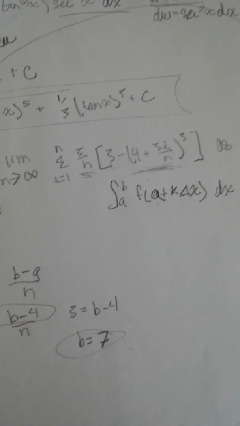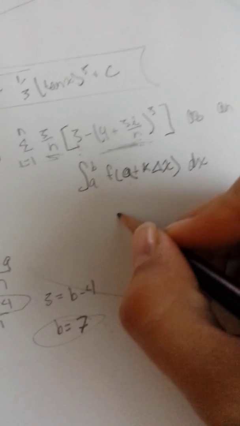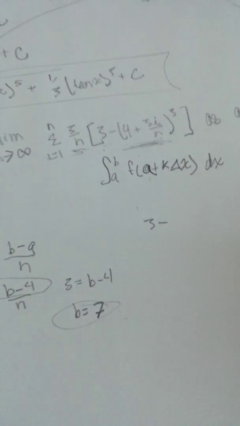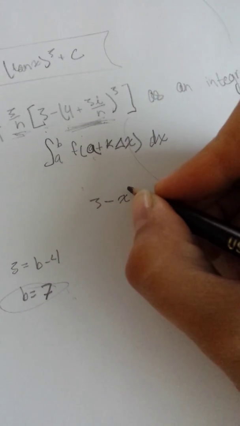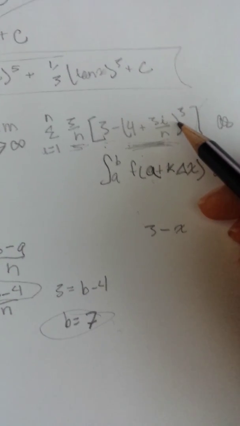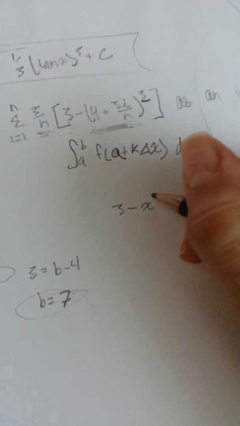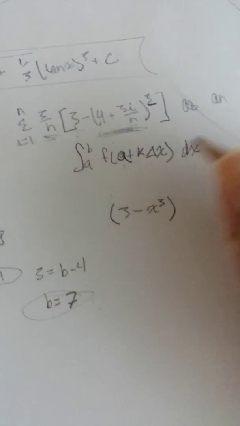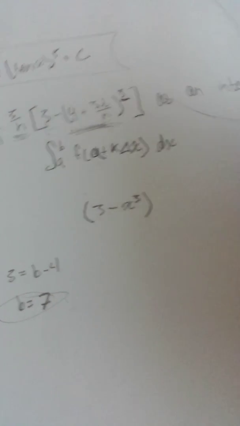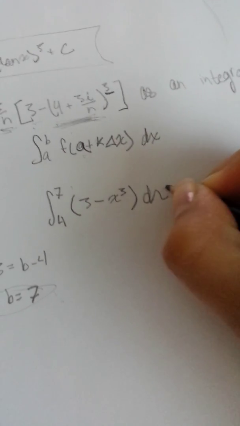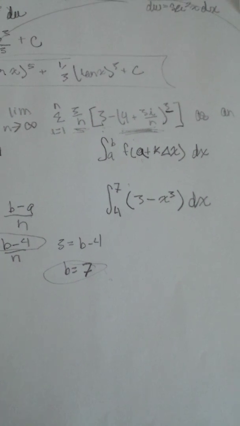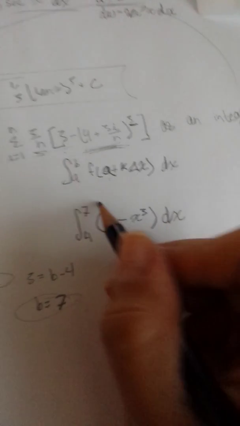You can just look at it and see that you're going to have this 3 minus x, and you have to notice that this is cubed, so 3 minus x cubed is your function. Then your integral is going to be from a, 4, to b, 7, and you can't forget about your dx, and that's the rewritten version. Final answer.